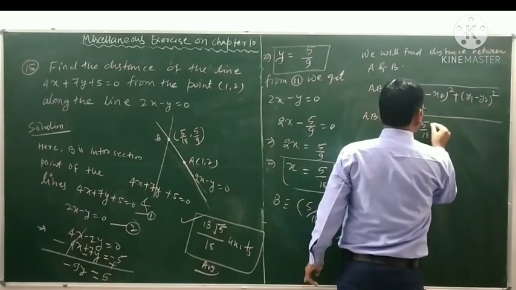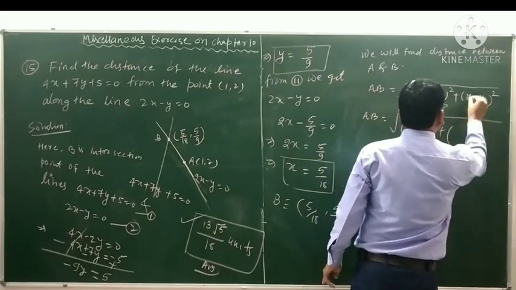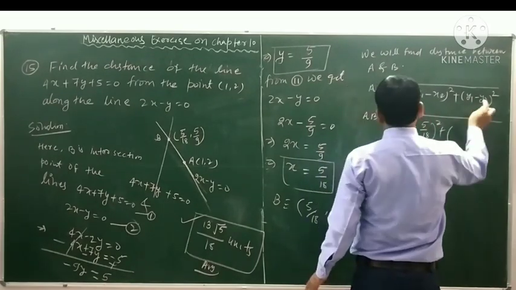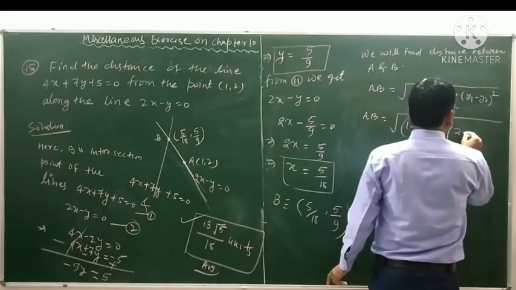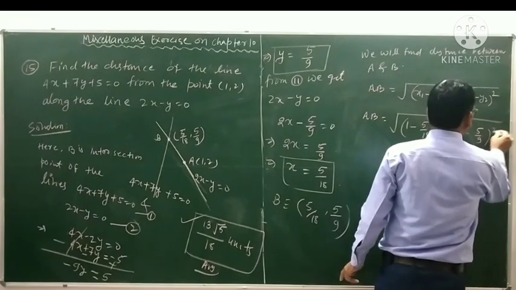Okay students, we put the values: 1 minus 5 by 18 whole square plus y1 minus y2, 2 minus 5 by 9 whole square.